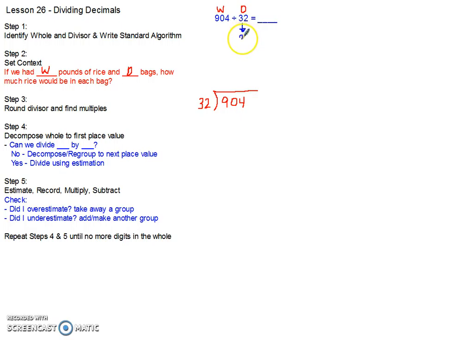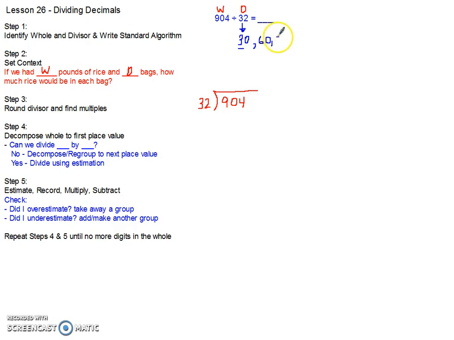I'm going to round my divisor down to 30. I can think of this 30 as 3 tens, and when I skip count or I find my multiples, I can find my multiples of 3 and just make it tens because this is 3 tens. So next would be 6 tens.